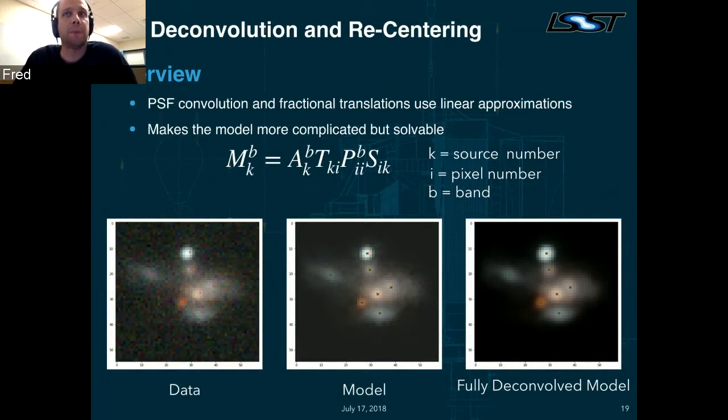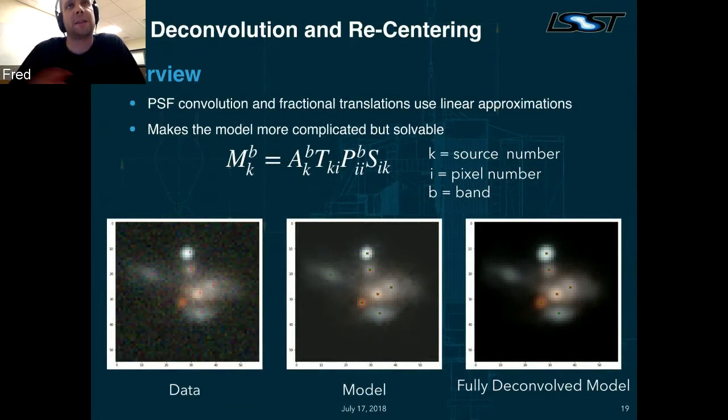Because of that, we want to make sure that we have a better estimate of the peak than just the integer positions of pixels. And so we have to perform a fractional translation, and we do this as linear approximations. Essentially we build a matrix, which is the PSF convolution matrix, and we build a translation matrix.